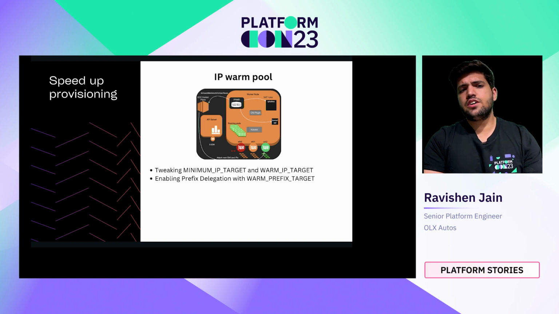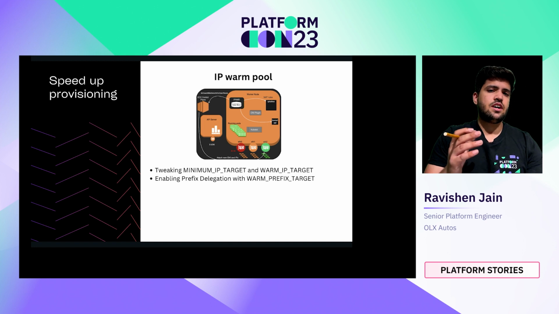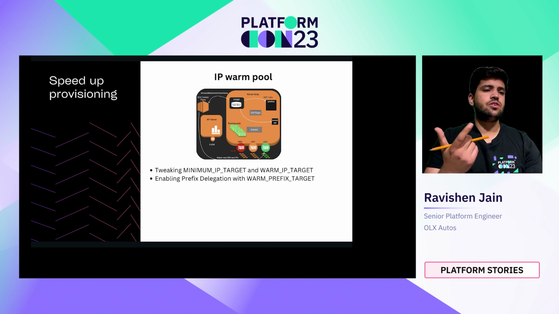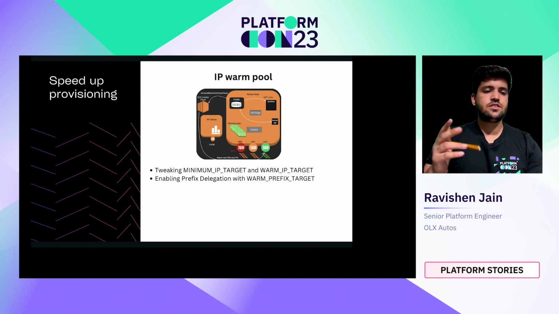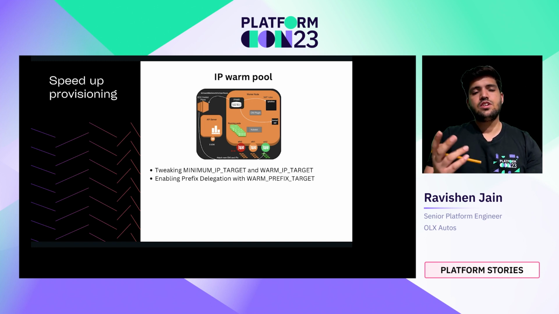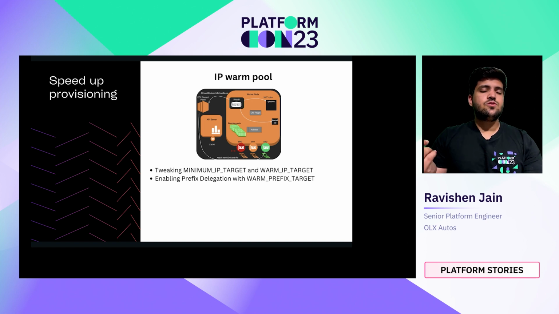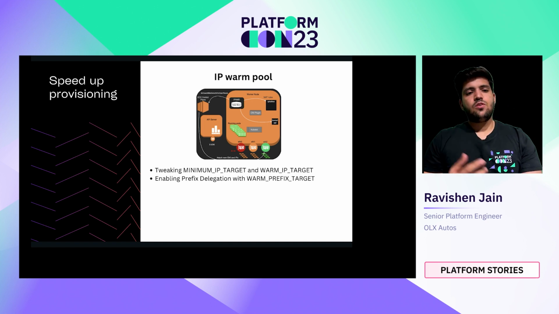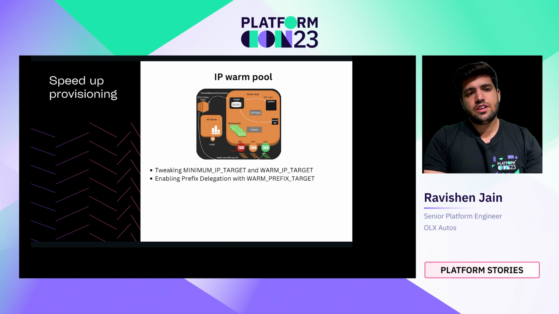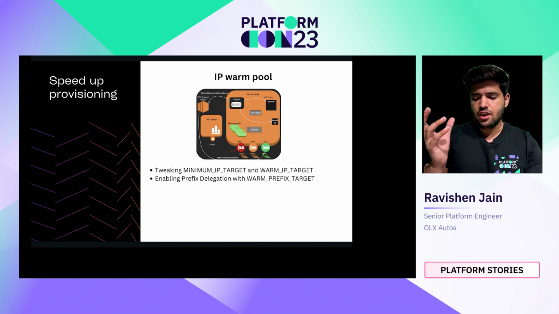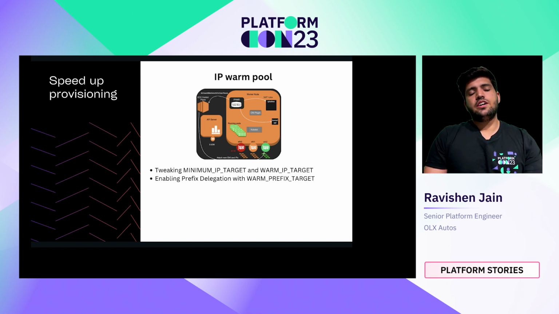So what we did is we found out that most of our instances are sharing the same type of compute. So let's say 8x large, so we'll be using M series 8x large, C series 9x large. In that scenario, in terms of CPU and in terms of memory, we have consistency in terms of nodes, right? So we calculated our average pod density at that time. So we set this minimum IP target to be that value.